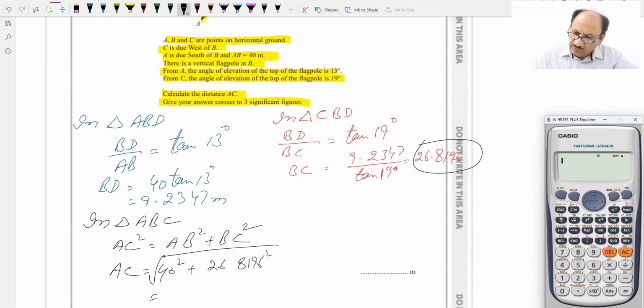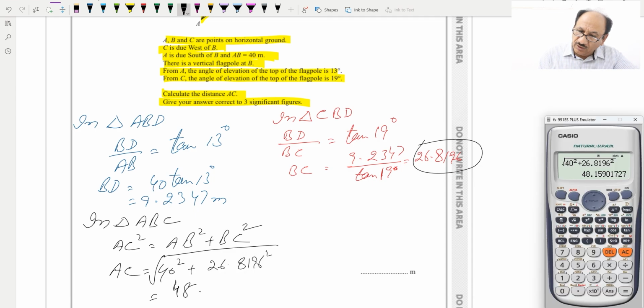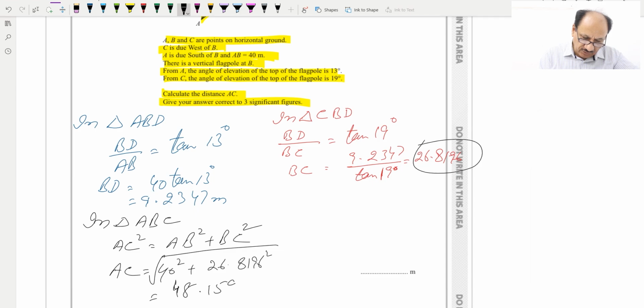This will be the square root of 40 square plus 26.8196 square, and this is equal to 48.2. So 48.2 meters will be our final answer for this question.